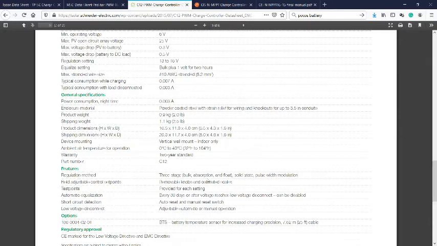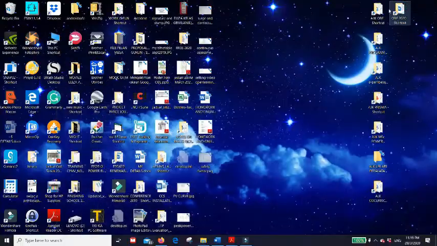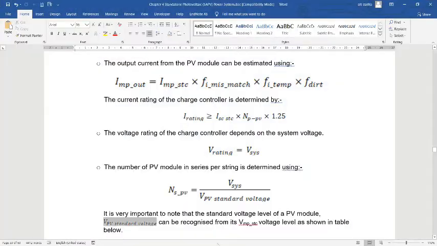So regulation method, we have only three stages, which is bulk, absorption, and float. Okay, this is for the PWM or standard type charge controller. So the number of PV modules in series per string is the system voltage, SPV.